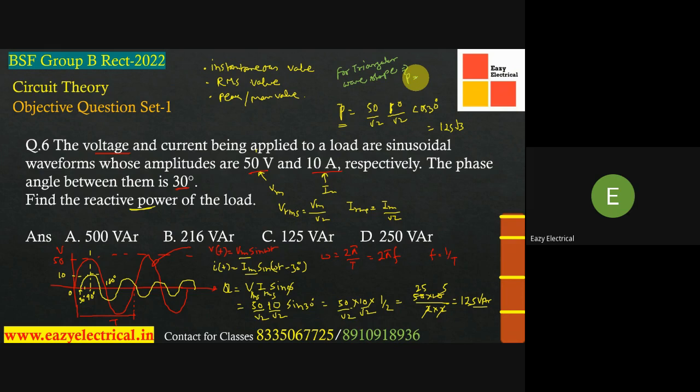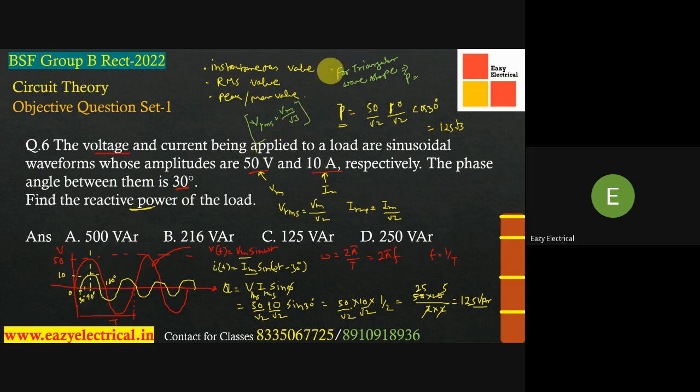Do you know the relationship between the Vrms and V maximum values for the triangular waveform? See here, for the triangular wave shape, Vrms will be Vm upon √3. Okay. So this is one formula that you have to keep in mind for the triangular waveform.